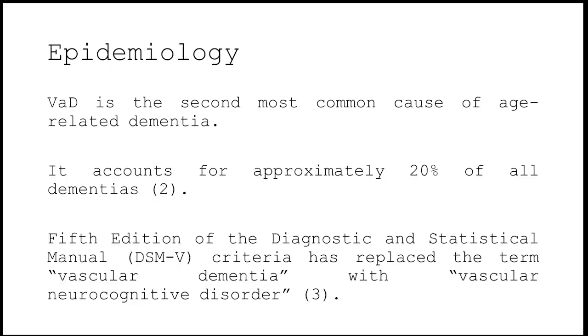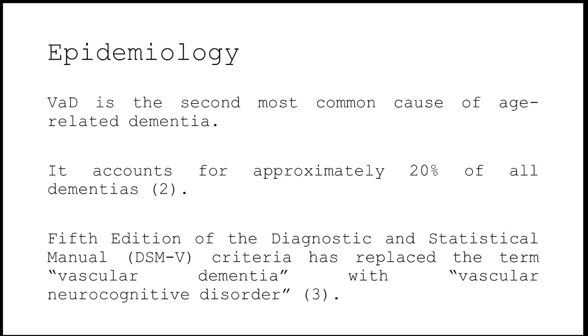So, having shared with you the limitations of the definitions that we have in relation to vascular dementia, because of the complexity and the heterogeneity of vascular brain injuries and their overlap with Alzheimer's disease, these limitations actually even translate into the epidemiology and the diagnostic criteria.